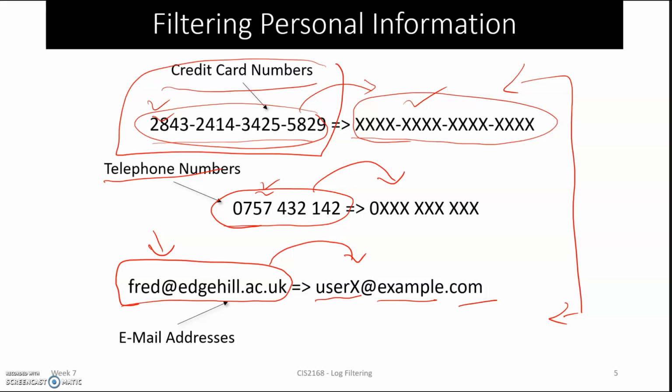Similarly for the contact detail and for the email address. This type of method you can apply to hide the personal sensitive information of the user from unauthorized or unauthentic users. So that's all in this session.